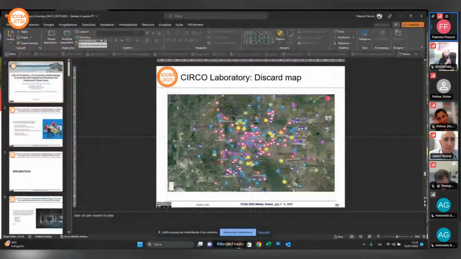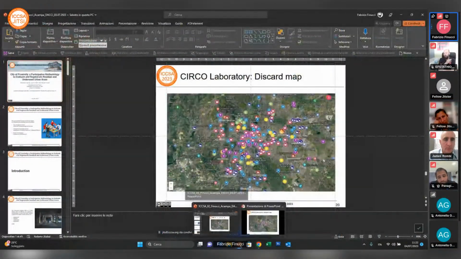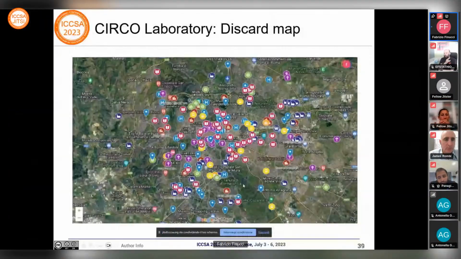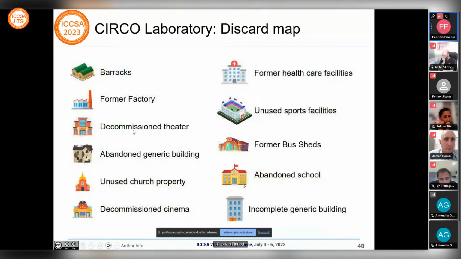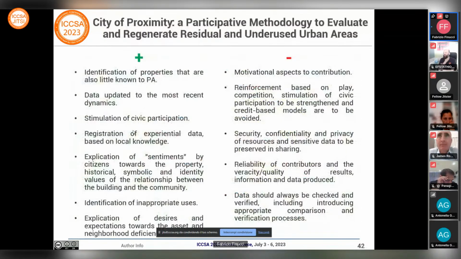I go back to the presentation just to say that the target was to divide the territory of Rome and the use of this kind of abandoned, or as we call it, discarded, buildings. 30 seconds, I'm finishing. Okay. So these are the categories of the buildings that we were able to map.